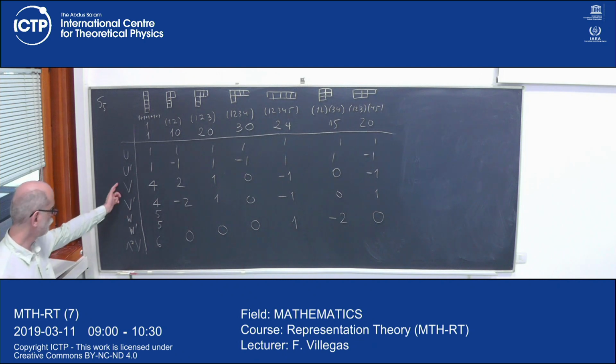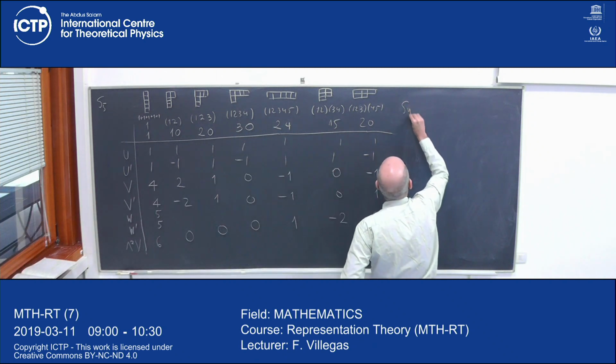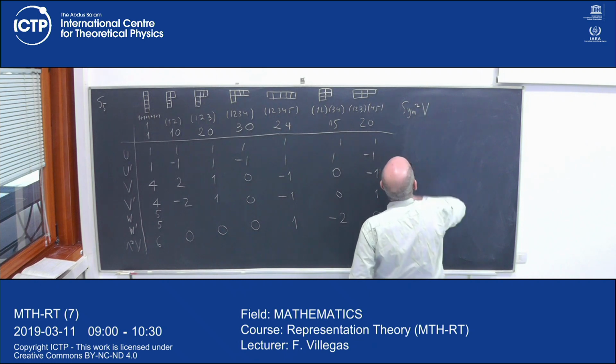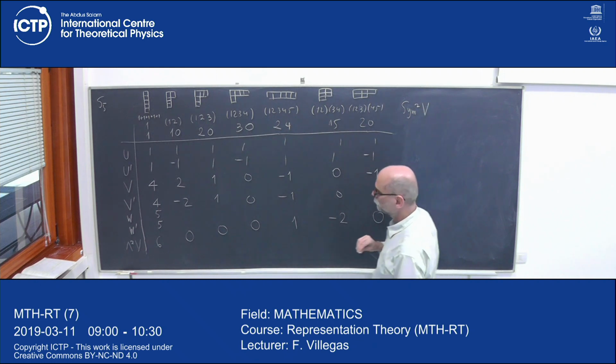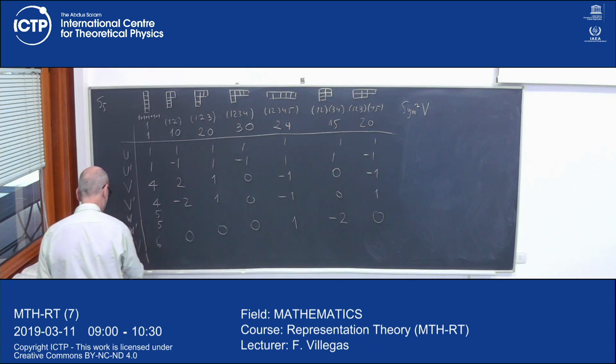So wedges of V are not going to be very useful. What other ways do we know how to construct representations? We could take Sym 2. So let's look at Sym 2 of V. This is of what dimension? Actually, let me put it down here.